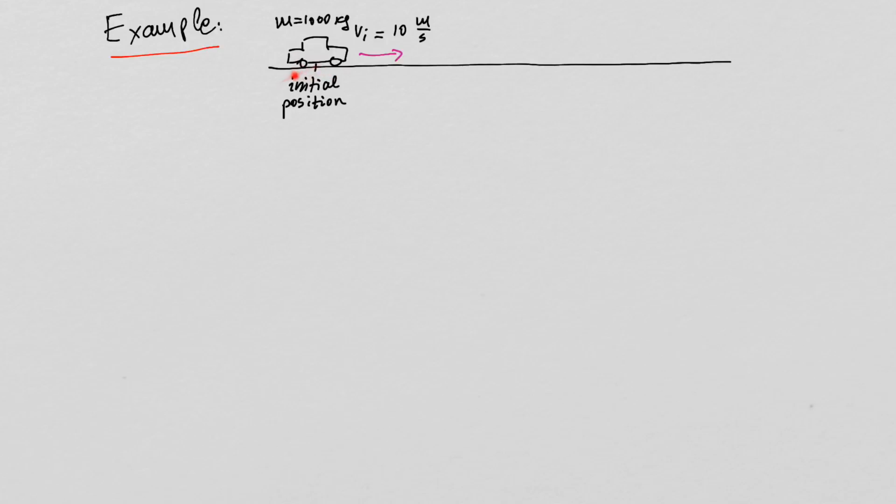When the car is at this initial position, I will start counting the time that it's going to take for this car to get to some final position. The mass doesn't change. We will assume that the car hasn't moved a long enough distance to lose a significant amount of fuel to be weighing less.